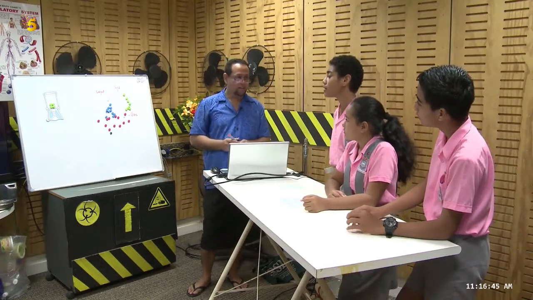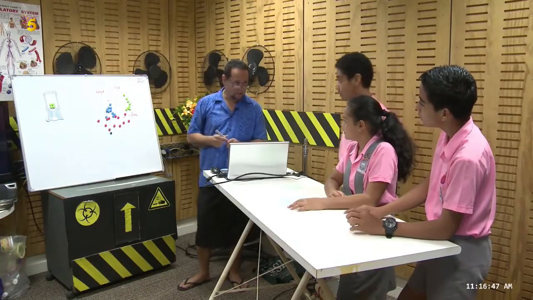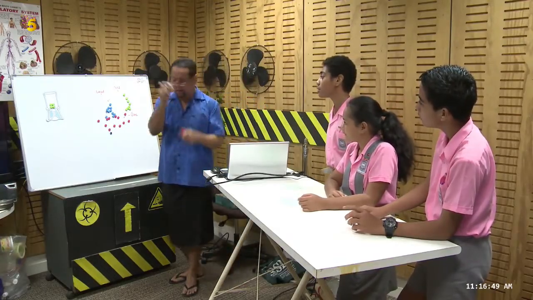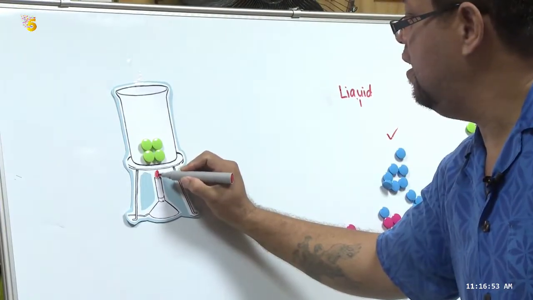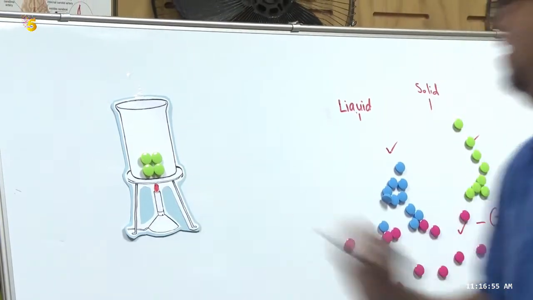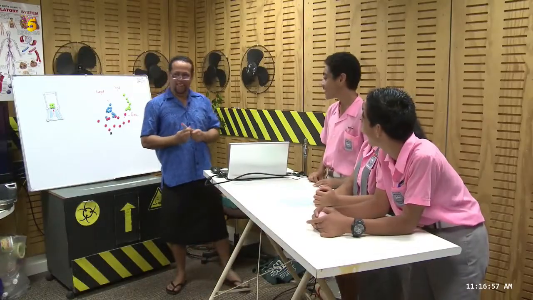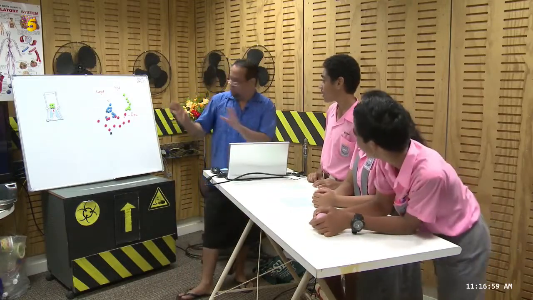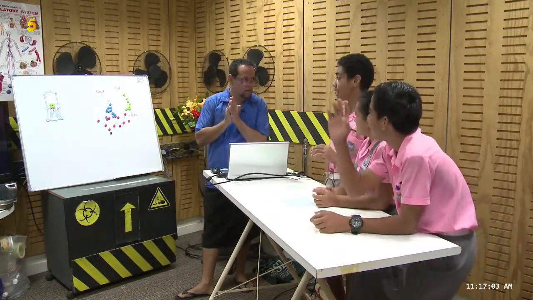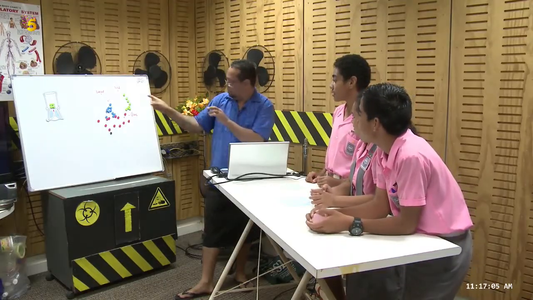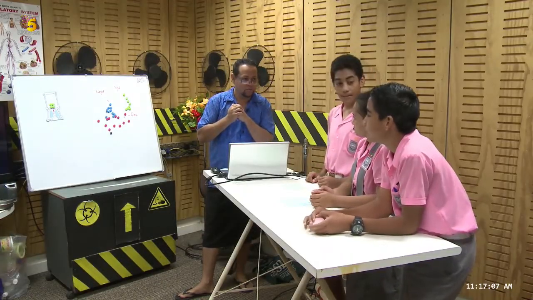When substances are heated, let's heat the beaker of ice. Okay, let's light the burner. All the particles in the ice, with the burner, expand. So let's rearrange your particles.